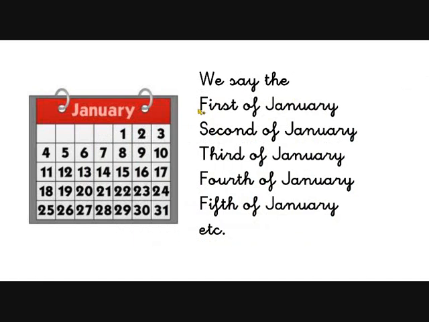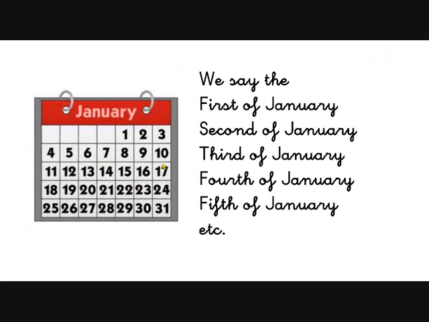So from now on, we don't say today is number 1 of January. No. We say today is the 1st of January, if it's this day. What day would it be?